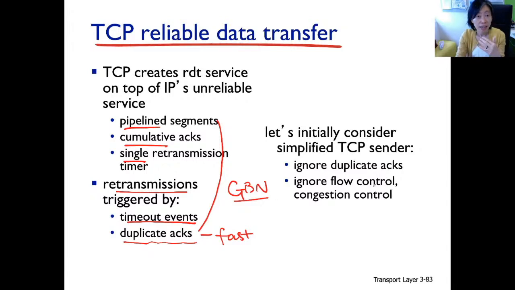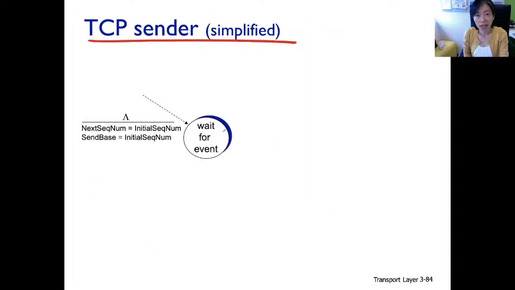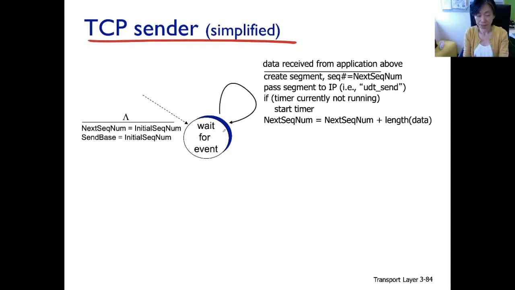Next are the finite state machines of TCP. To make it simple, let's ignore the dupe ACK part, the fast retransmission part, and the other mechanisms we have not yet discussed that are implemented in TCP. If you are expecting the TCP sender to look very much like the Go-Back-N sender, you're correct.